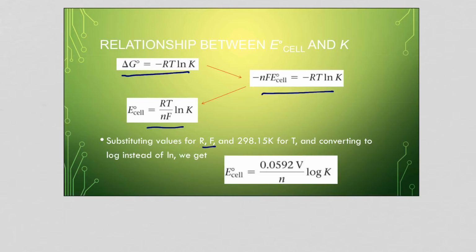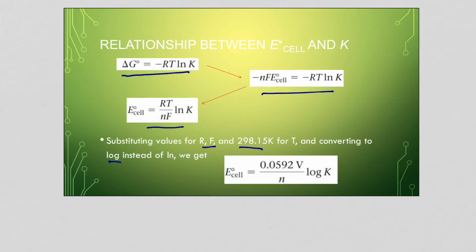We'll typically display this equation already simplified for 25 degrees, so we would have already plugged in 298.15 for temperature. Now, in the standard version of this equation, we shift from a natural log to a base 10 log. And so if we plug those values in, we end up with the following equation, which relates standard cell potential to the equilibrium constant, and that is 0.0592.